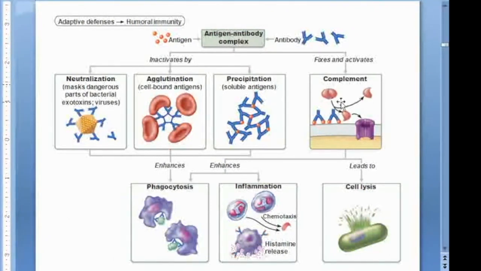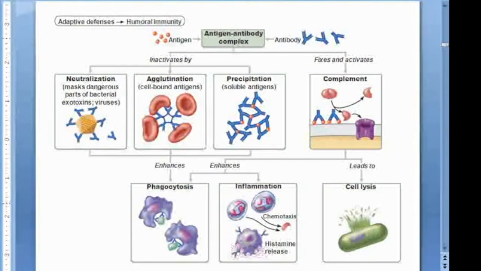Now look here. Through an antibody-antigen complex working with complement, it can cause phagocytosis, inflammation, and cell lysis. Anything that stimulates phagocytosis, once again, we can call an opsonin. You don't see that on here. So now you know, if you didn't spend enough time on complement and nonspecific immunity, you definitely need to spend some time on it. Okay?